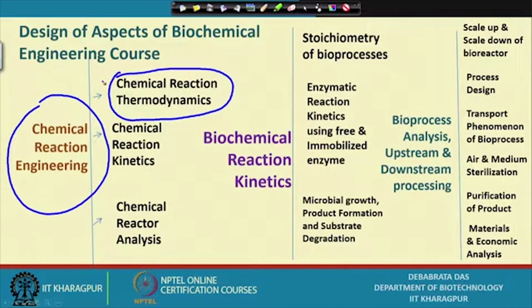Thermodynamics plays an important role in any chemical reaction, and from it we can find out whether the reaction is spontaneous or non-spontaneous, and to what extent the reaction takes place.